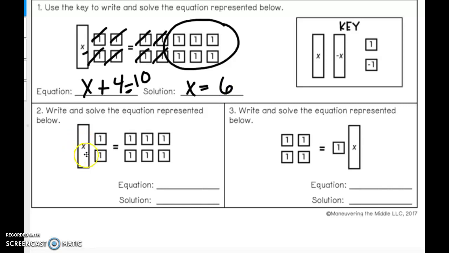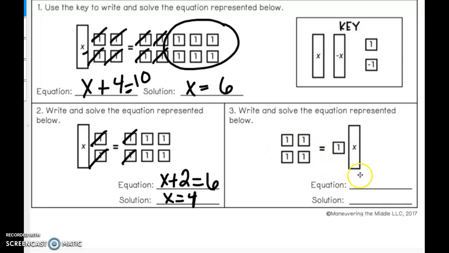On this next one, we have an x plus 2, and it equals 2, 4, 6. Now if we cross out 2 of the same over here, we know that x is going to be equal to 1, 2, 3, 4. We have 4 left. This is a good way to think about getting rid of the same amount, because whatever you do to one side, you do to the other to keep it balanced.